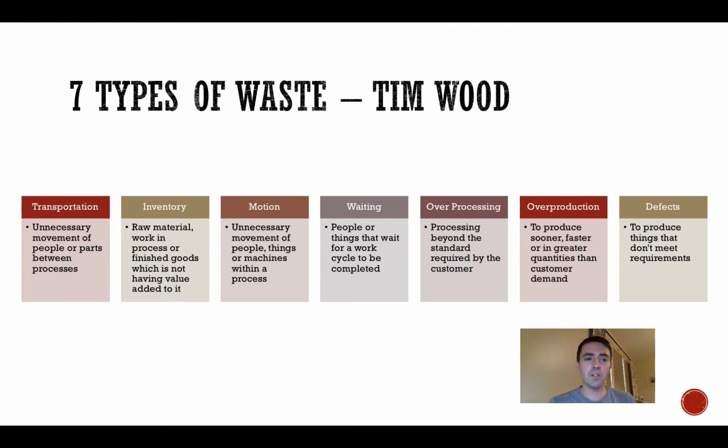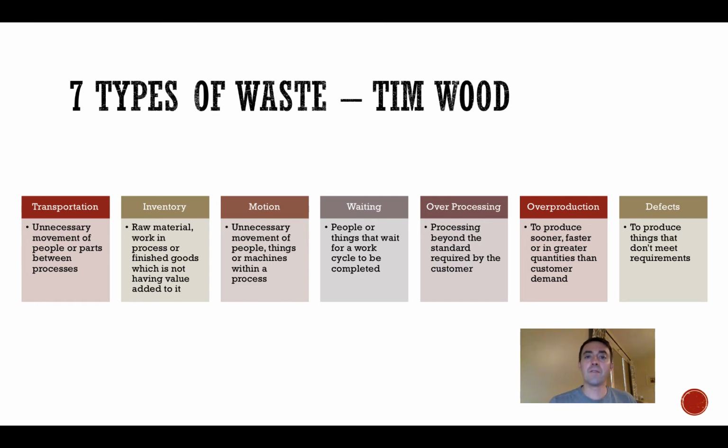So transportation, we just covered. Inventory, raw material, work in process, or finished goods which are not having value added to it. So typically think about ordering too much of a supply, and that runs the risk of, if you've got too much inventory on hand, you're using space, you run the risk of potential items expiring, going bad.